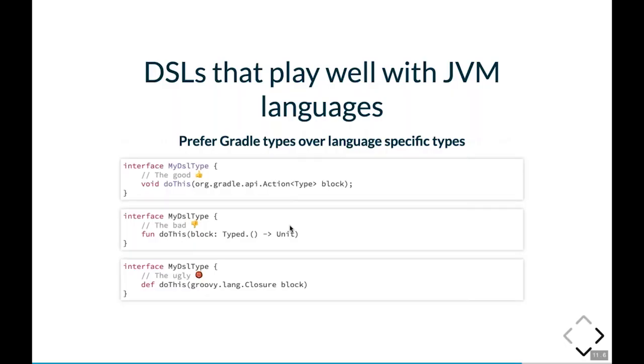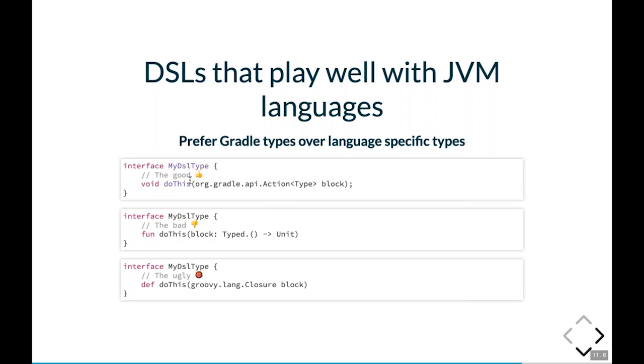The other thing you want to do is to always prefer the Gradle API types over any language-specific type when they are available. The most common example, and that happens a lot, is the Action type, the type for configuration blocks or for actions that act on a specific object.